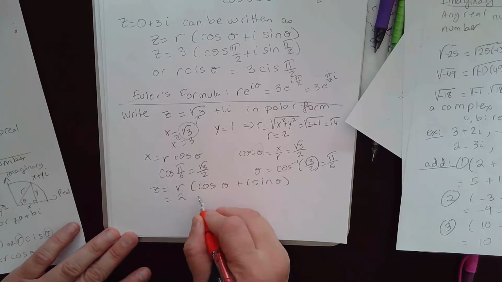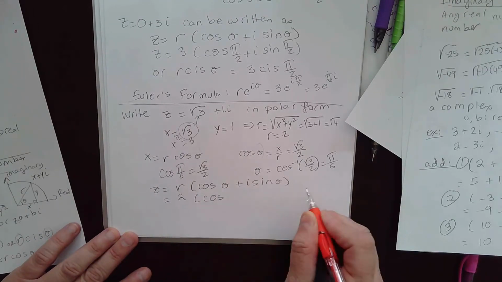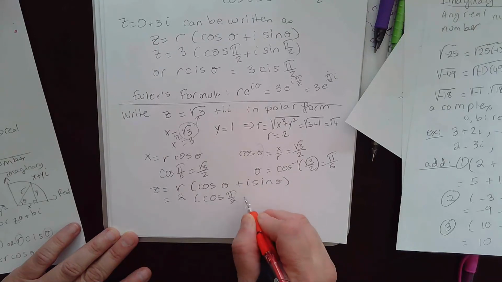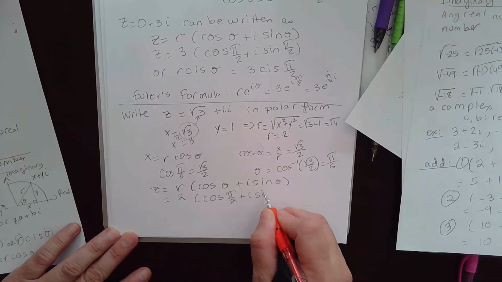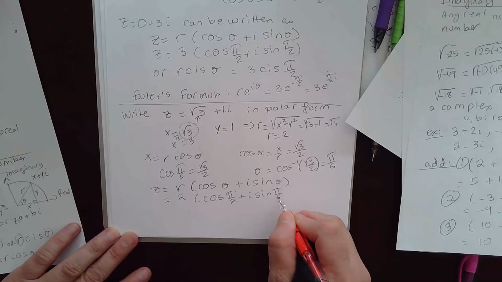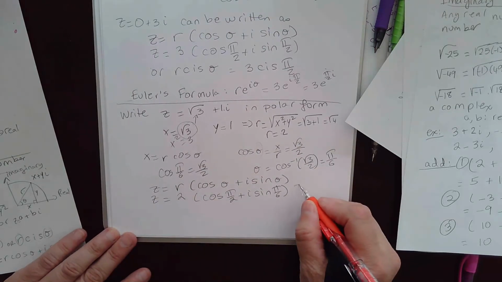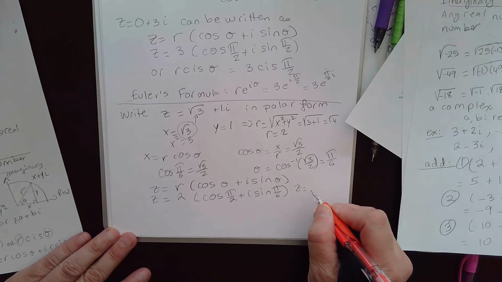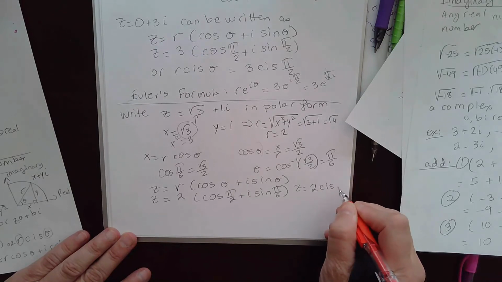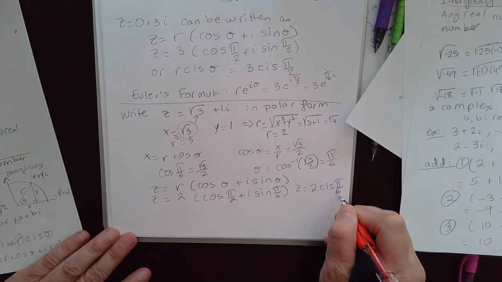So 2 cosine pi over 6 plus i sine pi over 6. Abbreviation, what does that give me? z is equal to r cis, remember? So r is 2 cis theta, which is pi over 6.